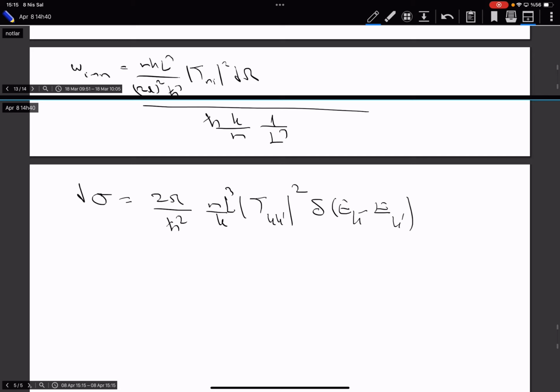What you will actually measure is the scattering into some final states within a given direction. So what you will actually measure is the sum over k prime, such that k prime lies within the d omega. This is what we can actually measure.